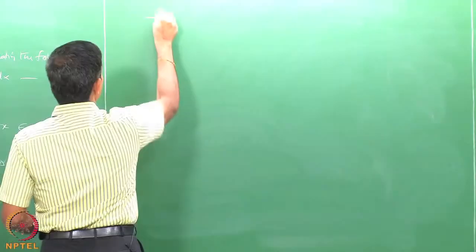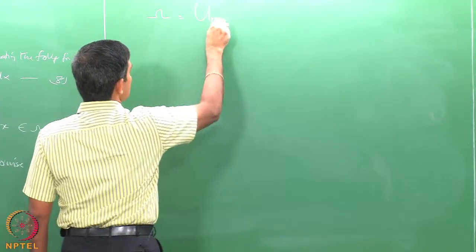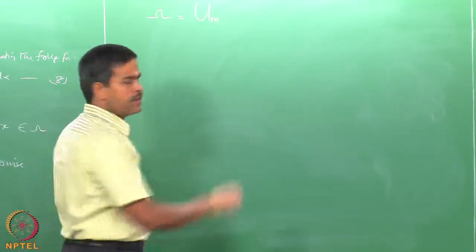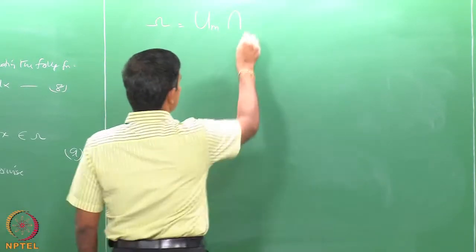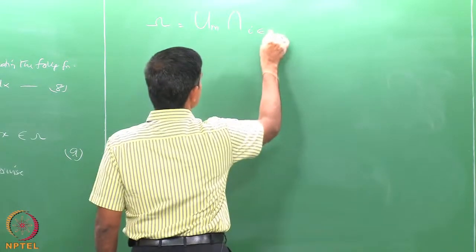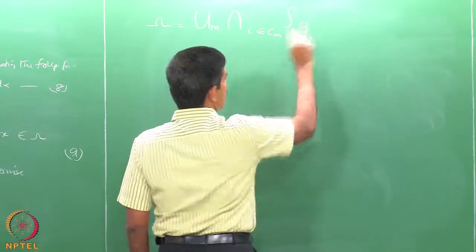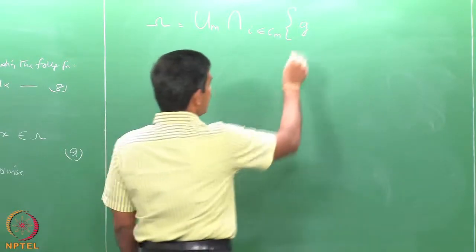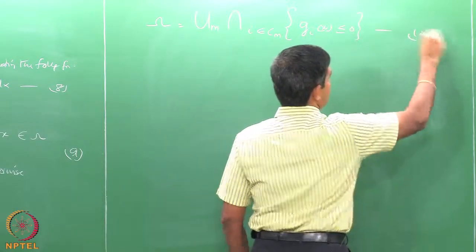Equation 9, where sigma is the union over m of the intersection over i element of Cm of the function Gi of x less than 0.